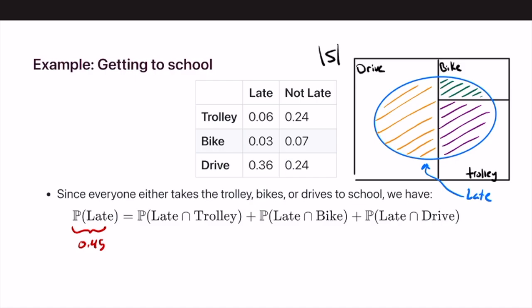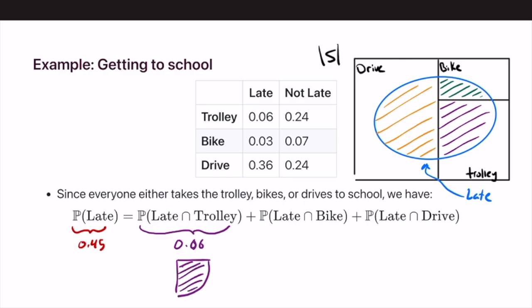This was done with purple, so the probability of late and trolley is 0.06, and that was the area that looked like this.